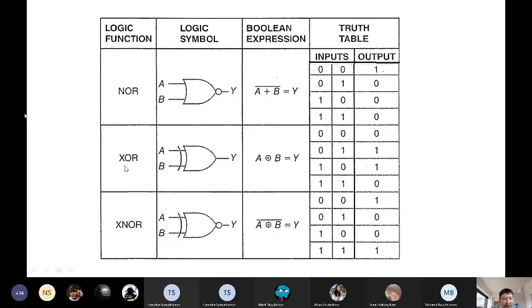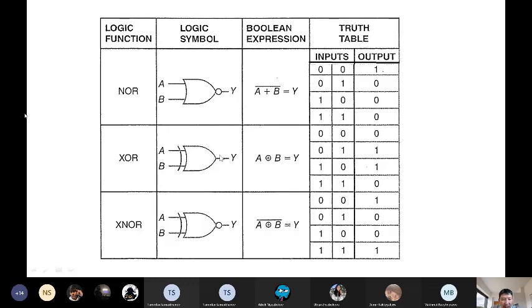Next, we'll call it XOR. It's similar to the OR, but here we add a curved line. So it is the Boolean expression, A XORed with B equals Y. It's the same plus we can see, but in a circle. It is the truth table.